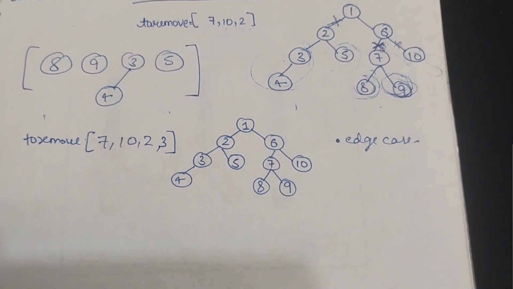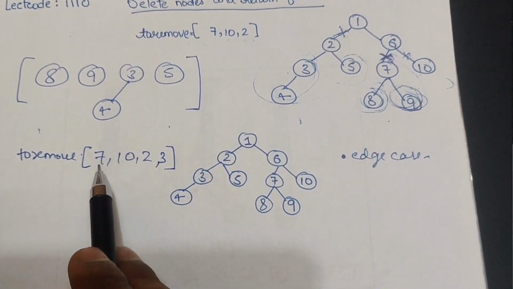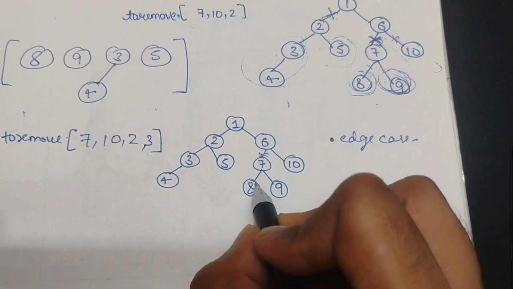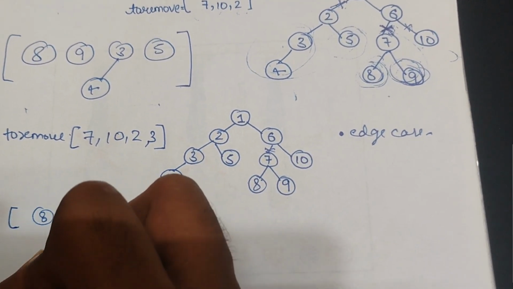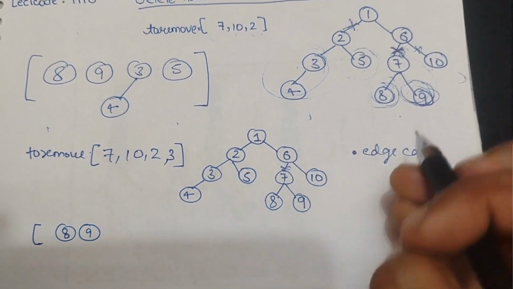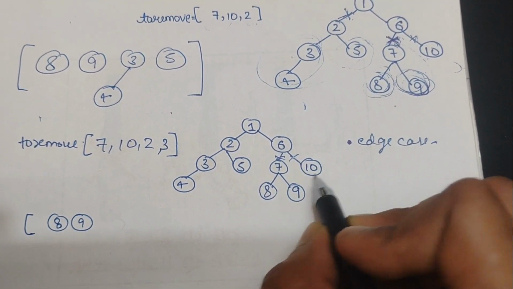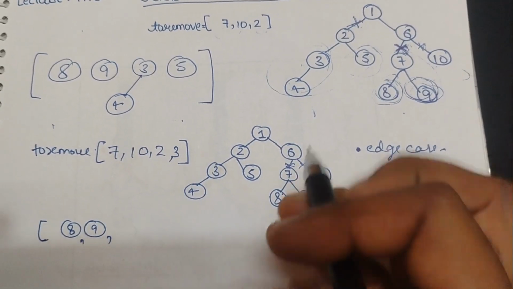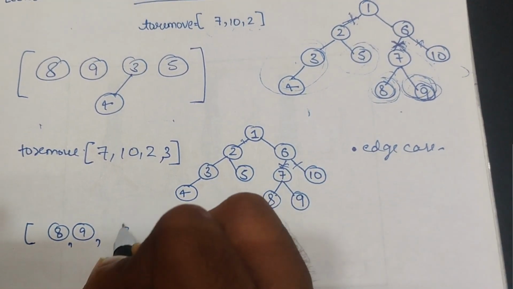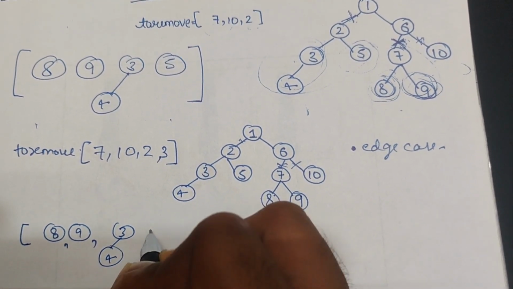Now I will try to implement this. I'll remove 7 and store the left and right subtree. I've stored it. Next I'll remove 10. There's no left or right subtree, ignore it. What next? I have to remove 2.